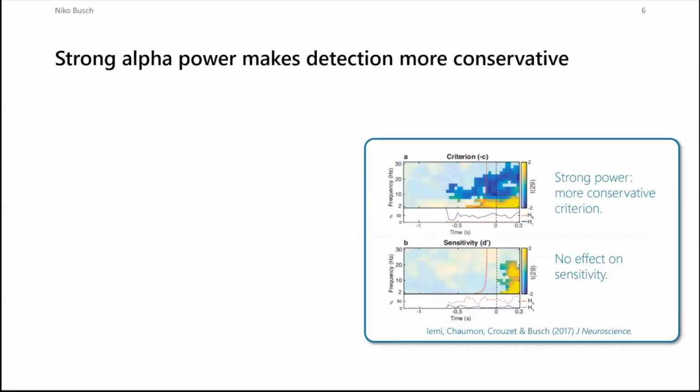And this was based on our previous finding that the primary effect really of the strength of the alpha rhythm at the moment the stimulus is presented is an effect on criterion in the signal detection sense. People respond more conservatively, more cautiously when the alpha rhythm is strong. And that's why they miss more of these stimuli.